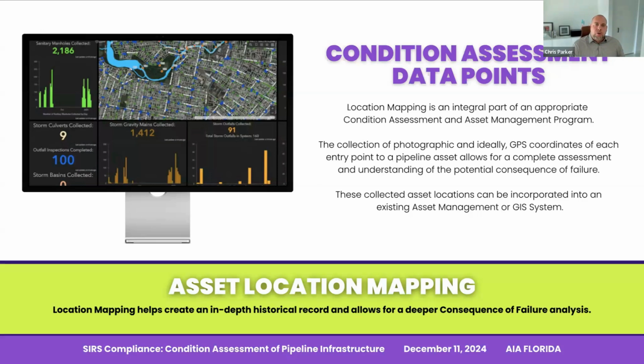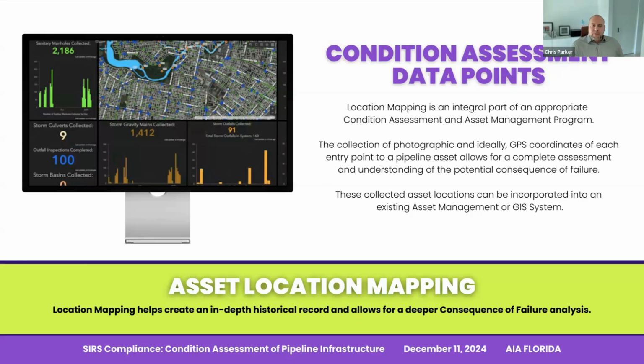And so it's important to correlate and understand the potential consequence of failure. That's the other element here that a lot of communities don't understand: if I have a piece of pipe in a parking lot that is failing, the consequence of failure is still significant, but it's not nearly as significant as if I have a vertical sanitary sewer stack that is openly leaking sewage over my kitchen area.